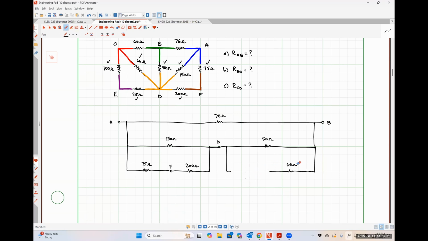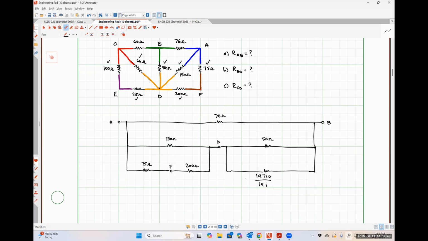So that gives me a resistance of 19,710 over 191.